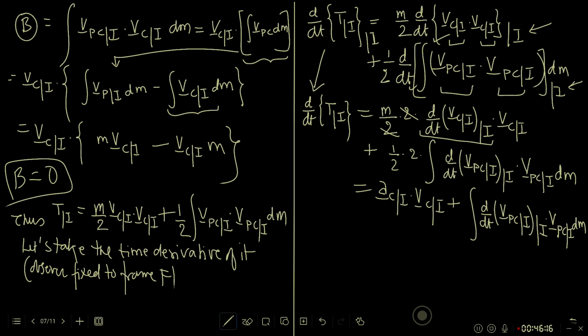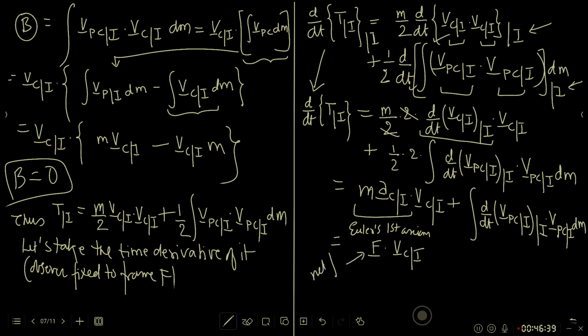What is that? According to Euler's first axiom, this tells me that this must be net force. Right? Net force. Recall, I am in the process of deriving the work energy theorem and I have used Euler's first axiom.